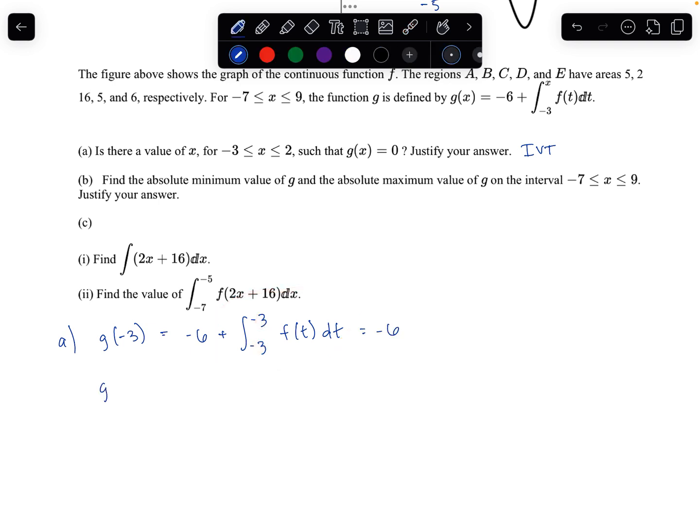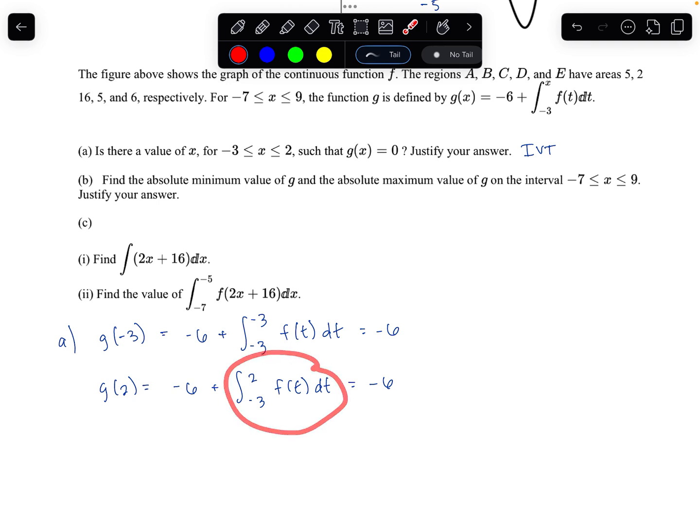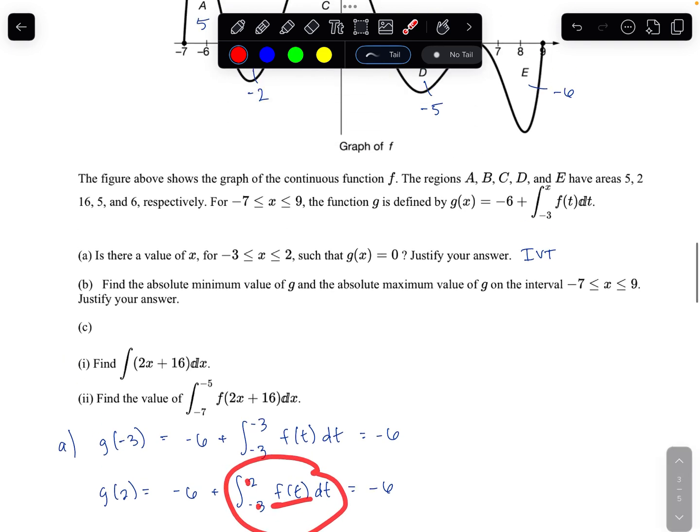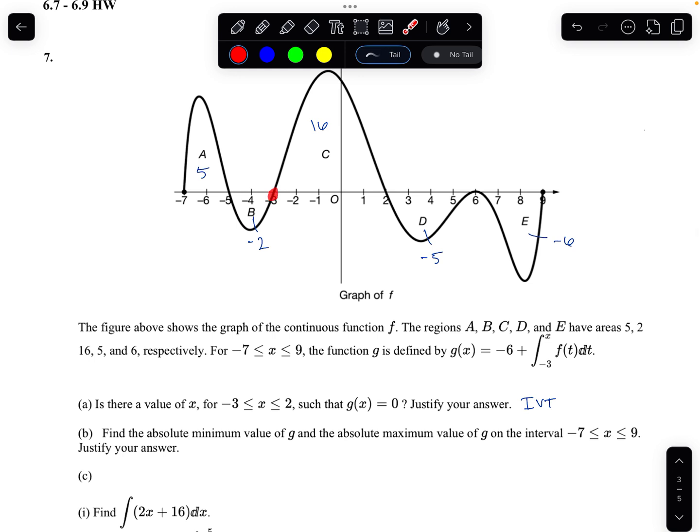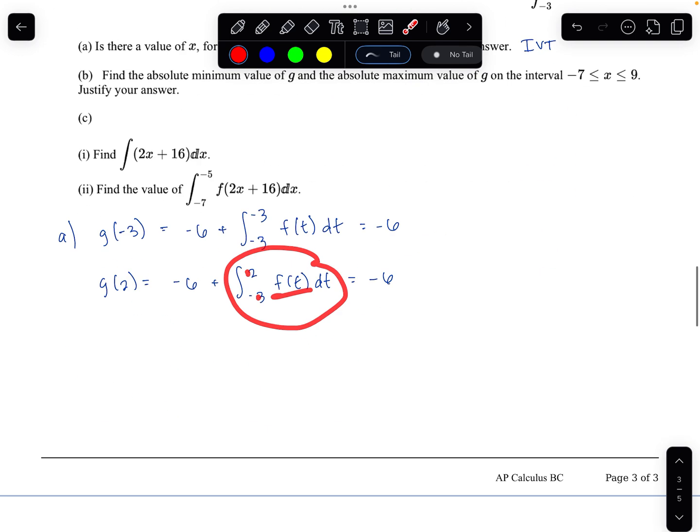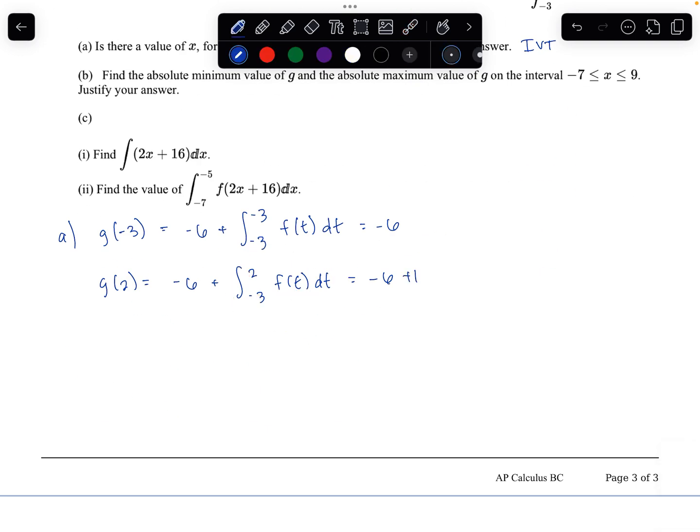And then let's do g of 2. So g of 2 is going to be -6 plus the integral from -3 to 2 of f of t dt. So let's check this here. From -3 to 2 of f of x is 16. That's all that area. So then it's going to be -6 plus 16, which is going to be equal to 10.